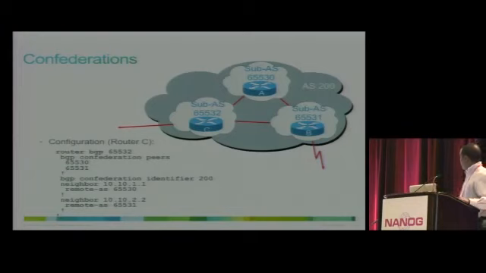In this particular case, confederation 65532 is configured to peer with other sub-confederations 65530 and 65531, and it's configured with the AS number of the whole network, which is the BGP confederation identifier, the ASN of the network. So when there is eBGP peering between C and an external network, it will use 200 as the ASN for that network.